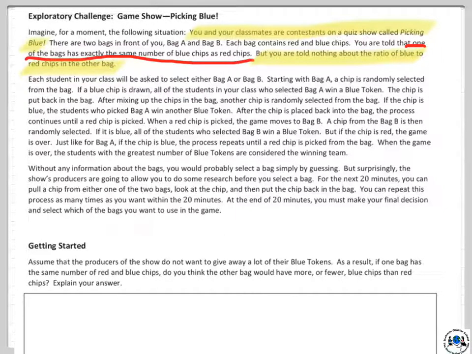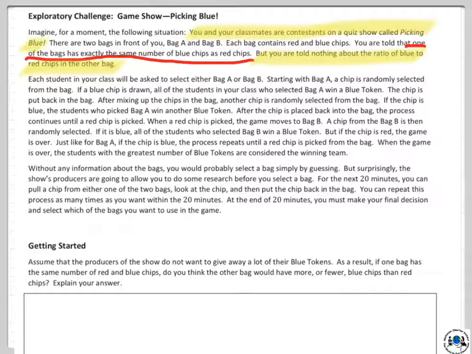I actually have red and blue tiles in these bags here. You are told that one of the bags has exactly the same number of blue chips as red chips, which is true. But you are told nothing about the ratio of blue to red chips in the other bag. So that is true of our situation.